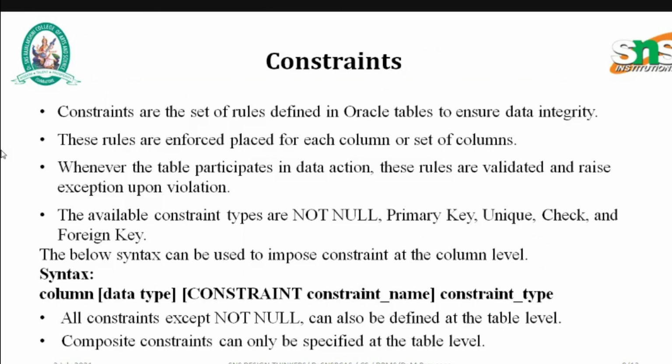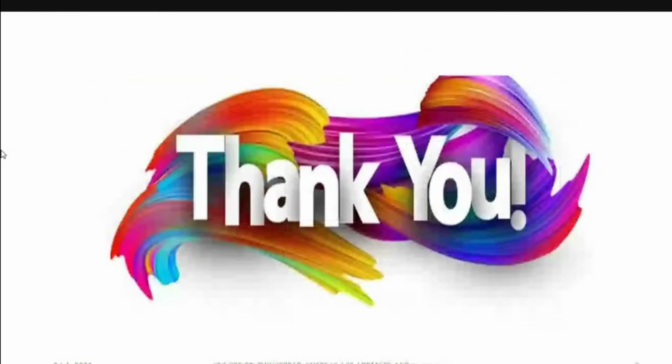First we have to give column data type, constraint name, and then constraint type. All constraints except not null can also be defined at table level. Composite constraints can only be specified at the table level.